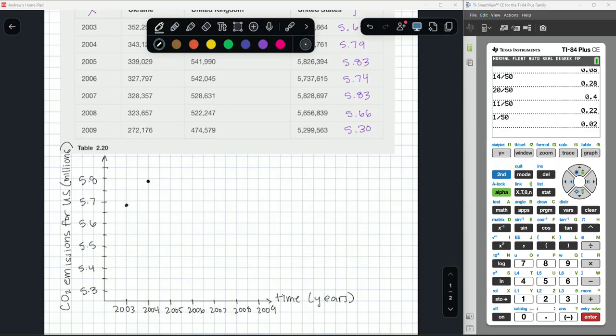And then we've got a 5.83, and then a 5.74, and then another 5.83. And then 2008 is 5.66. And then 2009 is the 5.3.